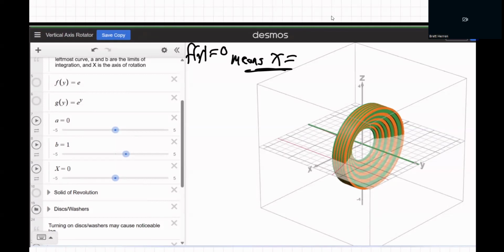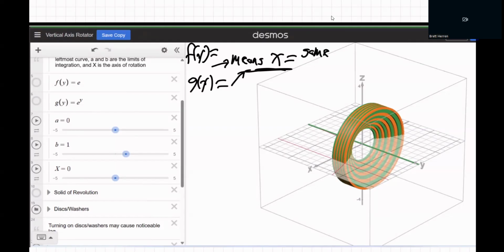When they say f of y equals something, that means x equals something. Or g of y equals something, same thing. In either case, that means get x alone as a function of y.